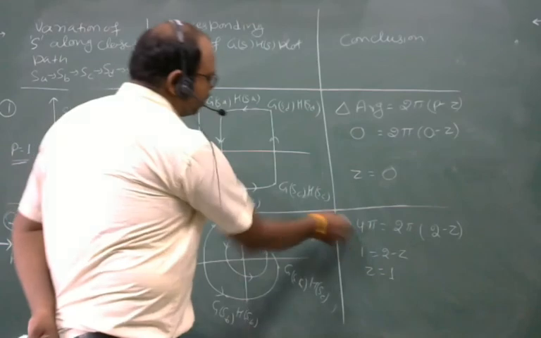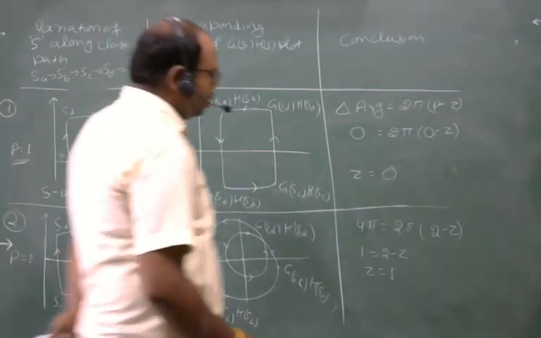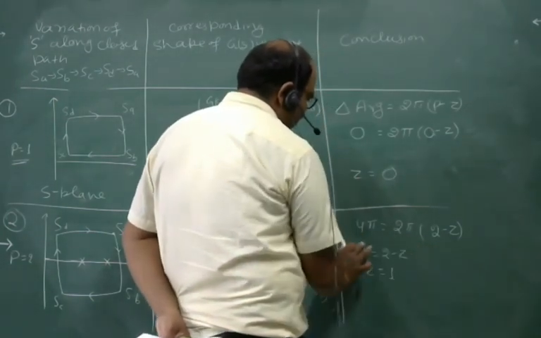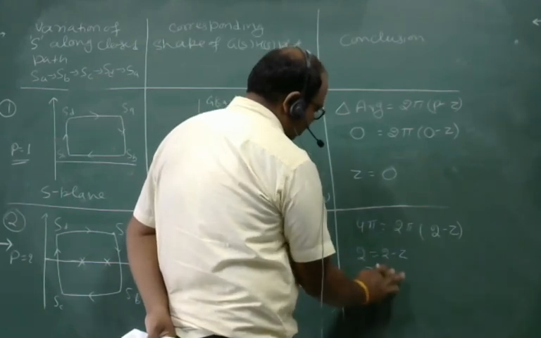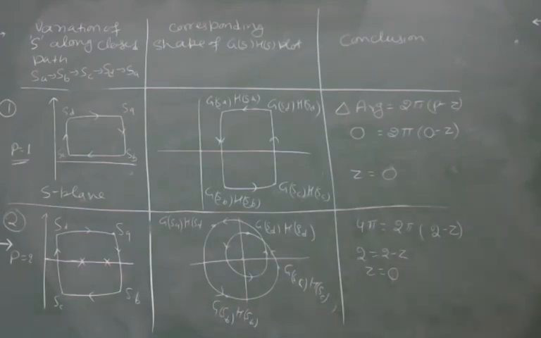There are two poles inside the specified region in the s plane. Now this will give Z equal to 0.